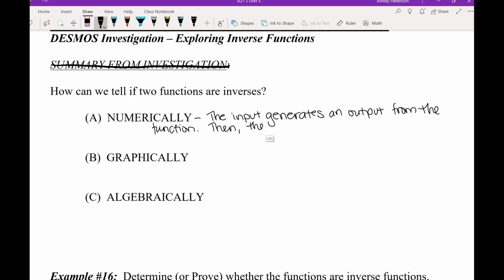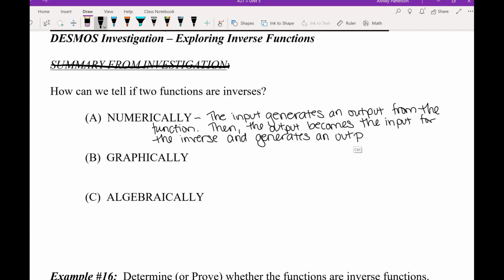Then the output becomes the input for the inverse and generates an output that is the original input.